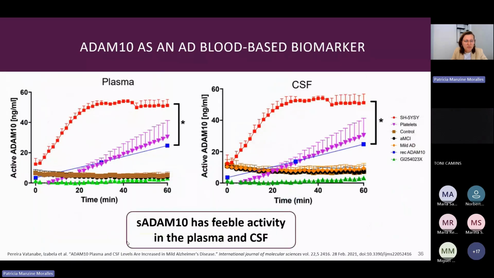Lastly, in the same paper, we also tested the enzymatic activity of ADAM10 in these different samples, and we observed very similar results, both in plasma and in CSF.